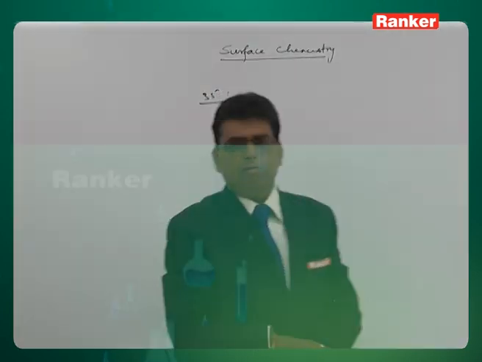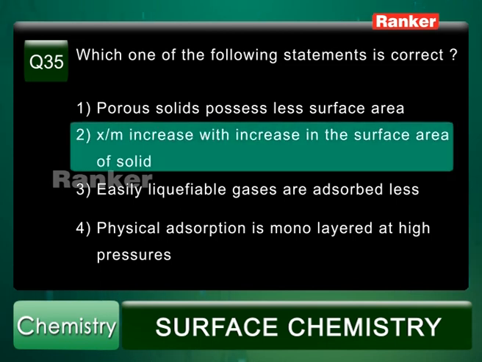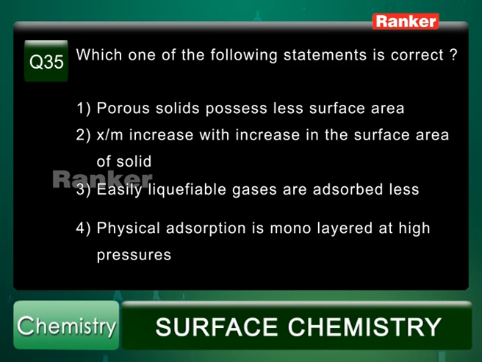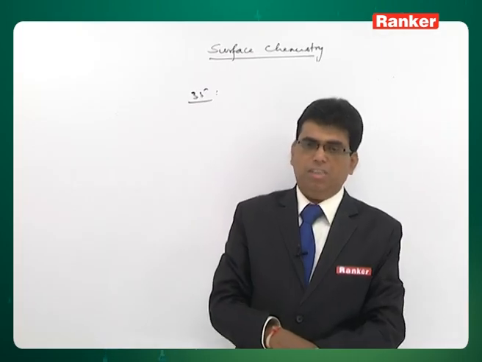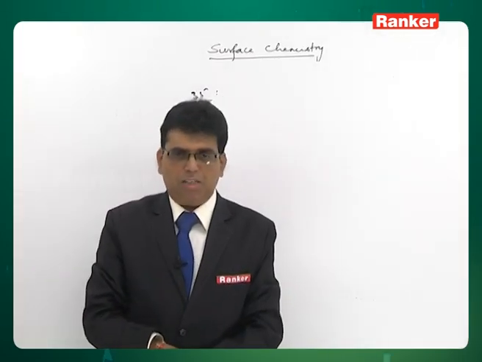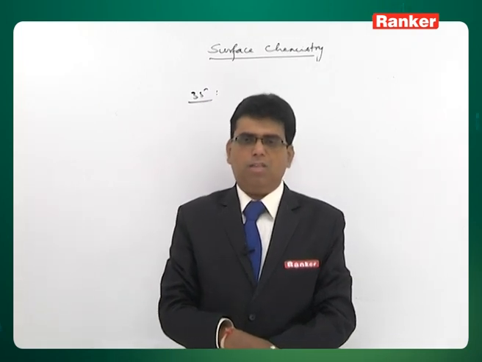Question number 35. Which one of the following statements is correct? Porous solid possess lesser surface area. No, porous solids cannot possess lesser surface area, because if the pores are more, then the number of active sites will become less and the surface area decreases. X by m increases with increase in surface area of solid. Yes, it is true. Greater the surface area, more is the extent of adsorption. Easily liquefiable gases are adsorbed less.